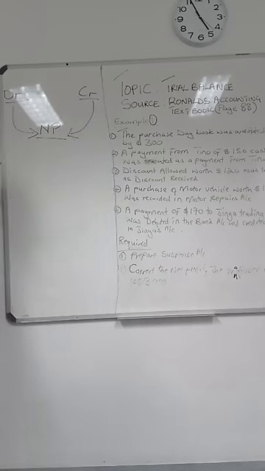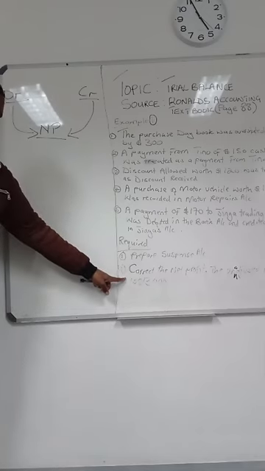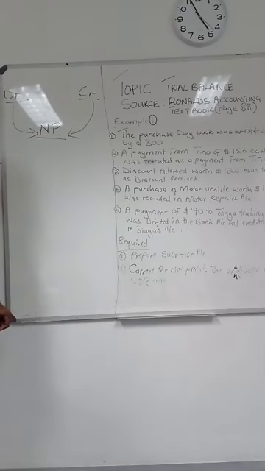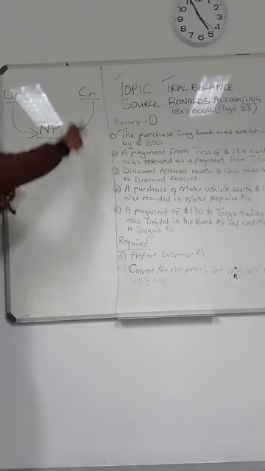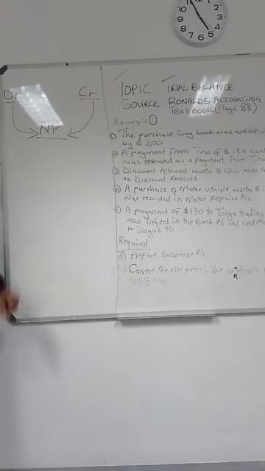So for you to be able to answer this type of question of correcting the net profit after errors, you need to understand this. You need to know the relationship between debit items and net profit, and credit items and net profit.